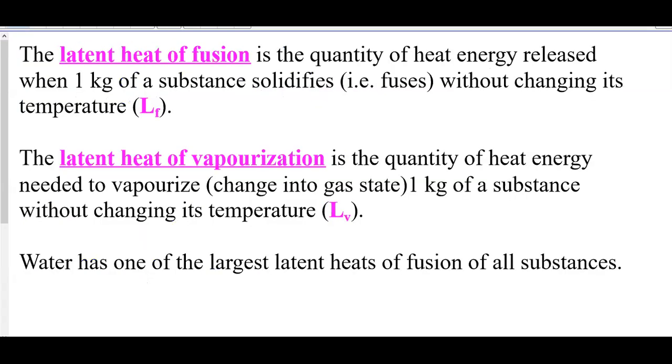So there's two variations of latent heat. It depends on what you're doing. If you're going from solid to liquid, or vice versa, liquid to solid, you want to use the latent heat of fusion value. So latent heat of fusion is the quantity of heat energy released when 1 kilogram of substance solidifies without changing its temperature.